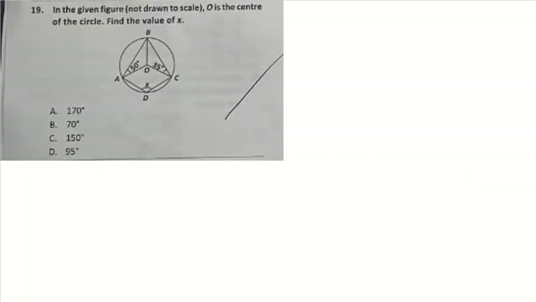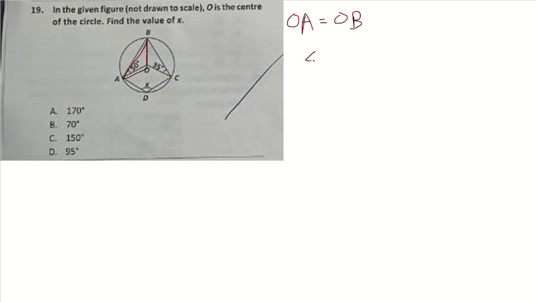In the given figure not drawn to scale, O is the center of the circle. Find x. Now let's take triangle BAO. We know O is the center, so OA and OB are radii, and so OA is equal to OB, making this an isosceles triangle.